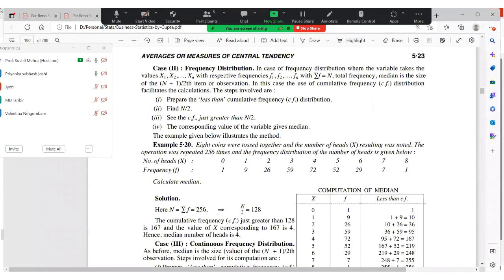Frequency distribution. This is for the discrete series, right? First of all, I always told you to arrange the data in ascending order. Now, we have to follow these steps.